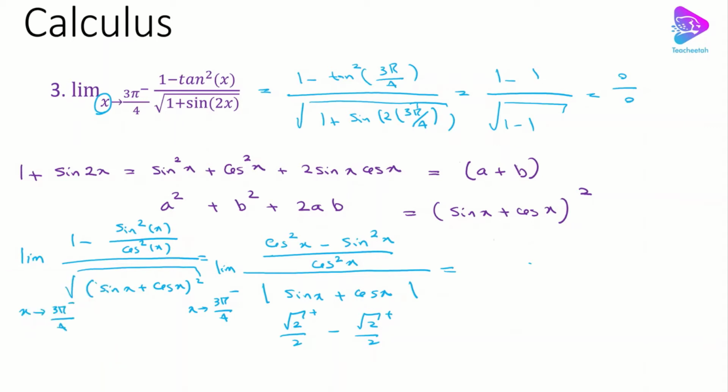So this is going to be in the form of cos squared x minus sine squared x, and then on the bottom we will have cos squared x times sine x plus cos x.